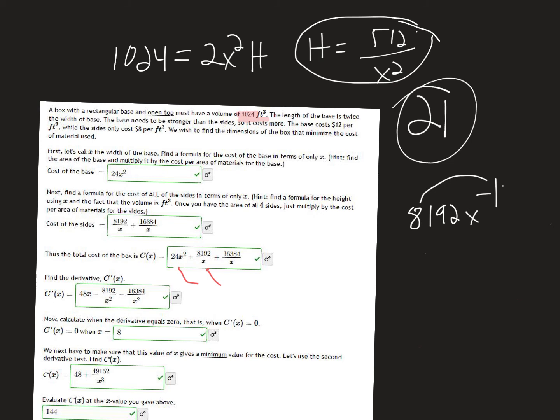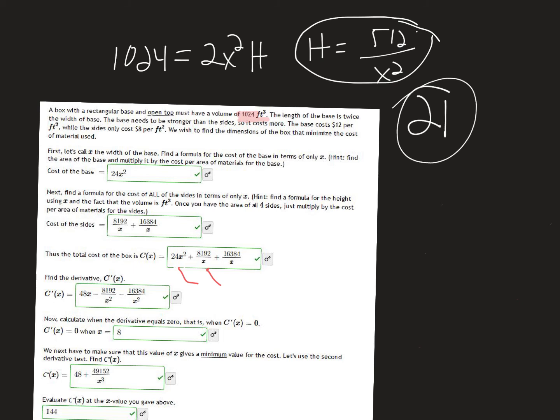So then I've got to find where the derivative equals 0. Well, I'm going to take that derivative and solve it. Now, the fractions are driving me nuts. So there's x squared in the denominator, so I'm going to solve this thing for 0.